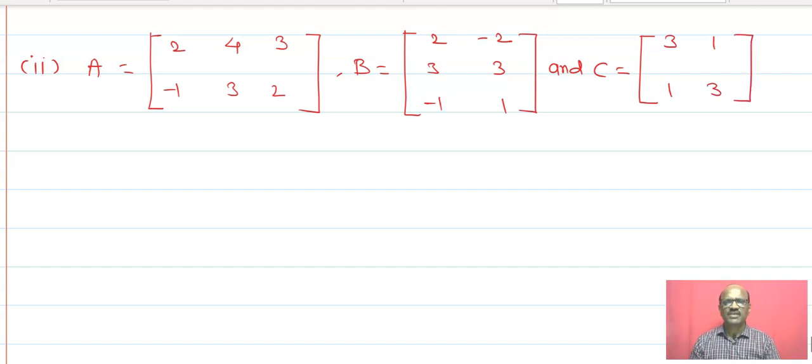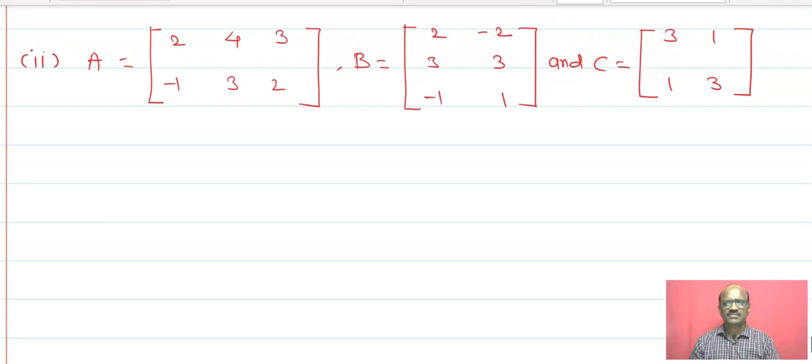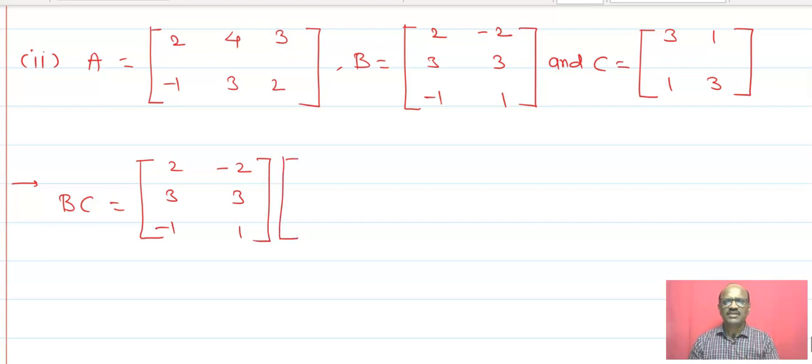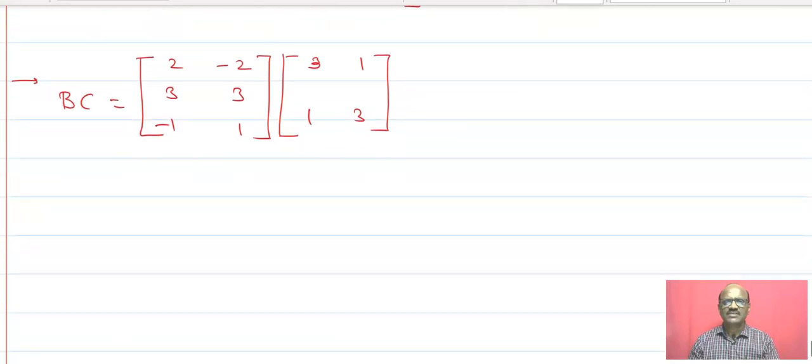The order of the first matrix. That is BC is equal to 2, minus 2, 3, 3, minus 1, 1, and C is 3, 1, 1, 3.